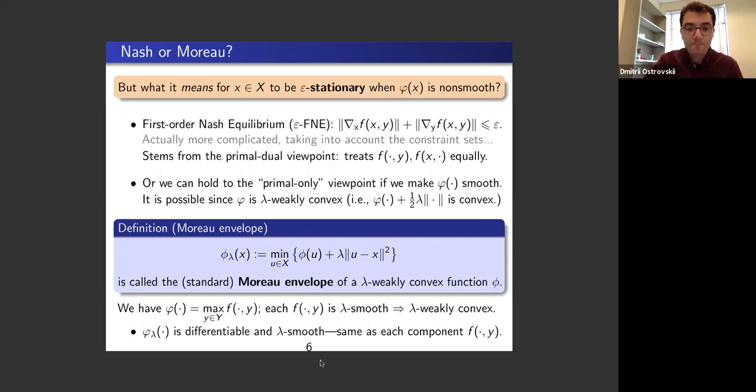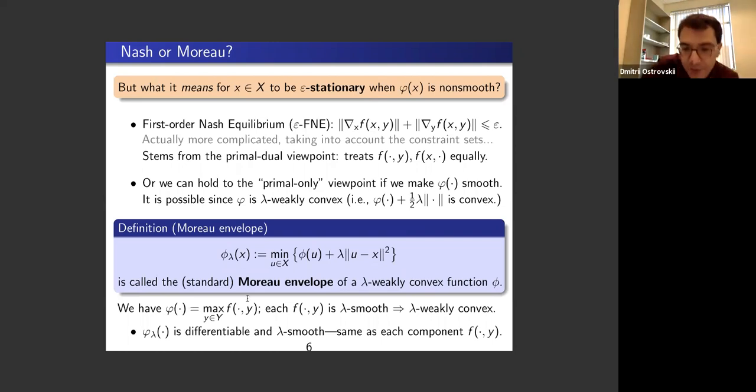So the point is that, at least if I take lambda large enough, it's enough to take any lambda larger than 1/2, it's just a way to standardize this definition.